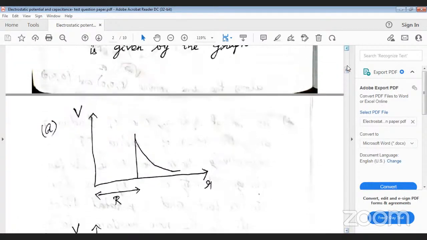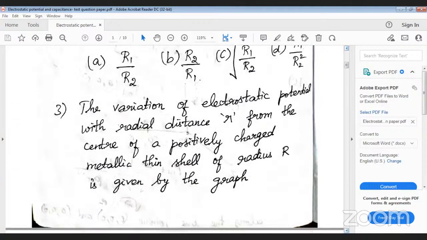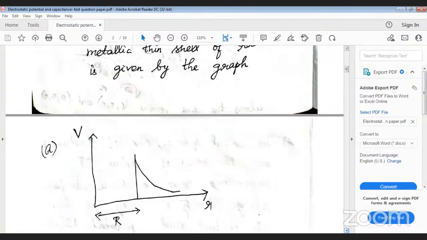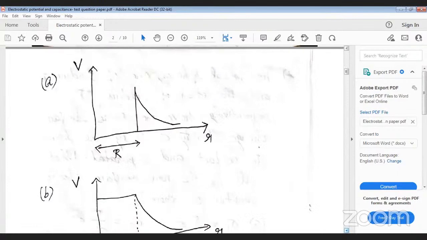That means the electric potential is constant from the interior up to the surface. That means it is an equipotential surface from the interior to the surface. So up to the point where you have the radius of the sphere, the electric potential is constant.